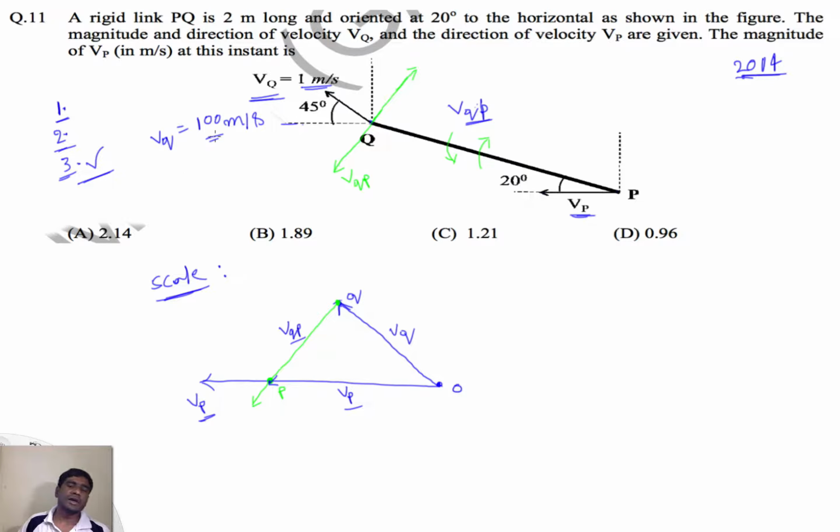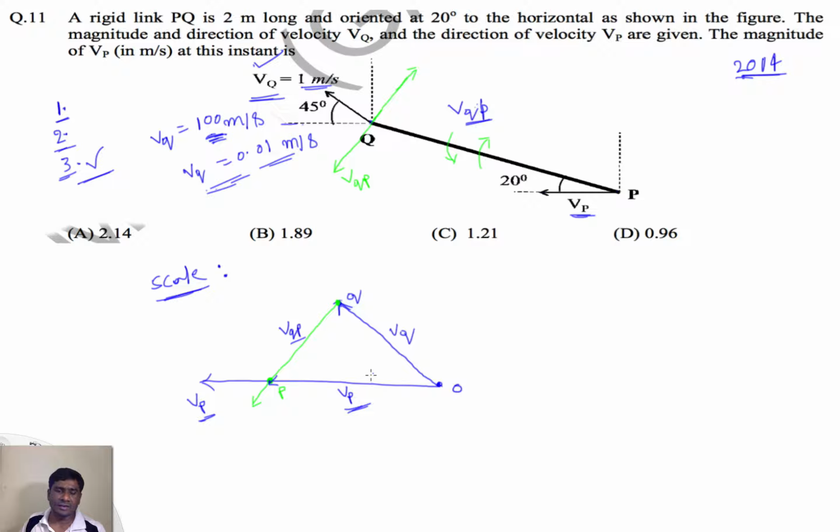According to that scale we will draw all these values, and at the end when we find out Vp, again we need to multiply by whatever scale we reduced. Here we do not always need to reduce the scale. For example, if Vq is 0.01 meter per second, then we should increase the scale. So it depends on the value that they mentioned in the problem. That's how we carry out and solve in case of semester exams.